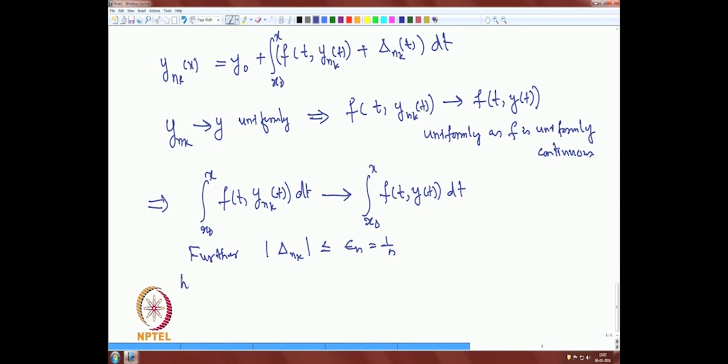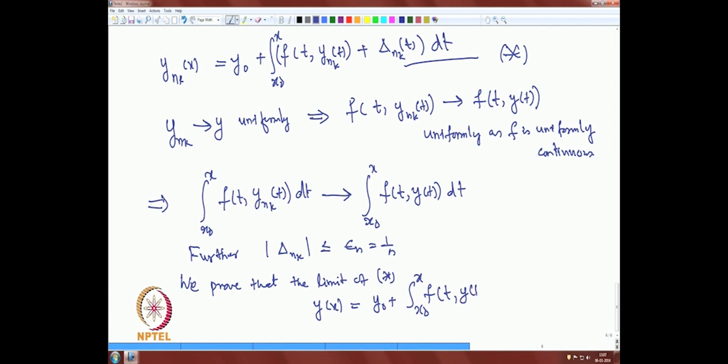So, we proved that the limit of star is y(x) is equal to y0 plus the integral from x0 to x of f(t, y(t)) dt, and obviously y at x0 is y0, and by the basic lemma y satisfies the initial value problem.